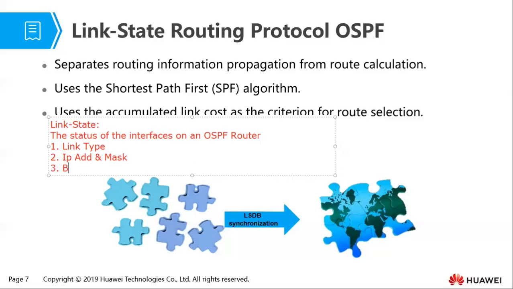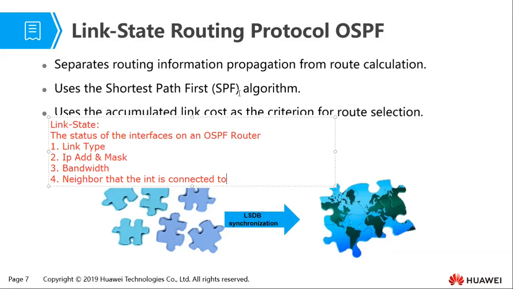We also have the bandwidth. So what's the bandwidth of that particular interface? We also have the neighbors, the neighbor that particular interface is connected to.